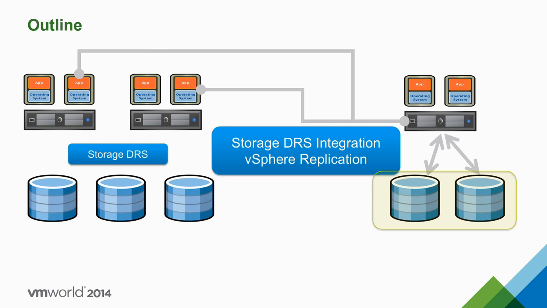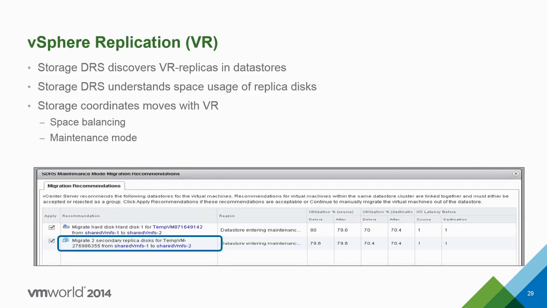In the next release, vSphere Replication has gained the capability to move the secondary copies of those VMDKs on the secondary side. Okay? So Storage DRS is aware of that, and Storage DRS integrates with vSphere Replication in a way that when the space is being consumed on the secondary side, it will give priority to move the secondary copies of those VMDKs, because they are secondary copies, they are cheap to move, and they don't have any production impact as far as the primary is concerned.